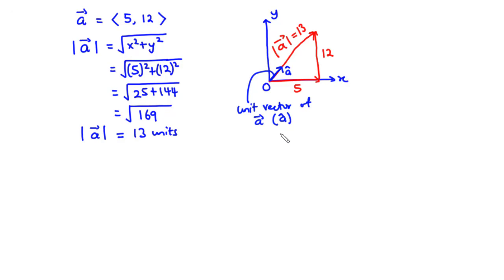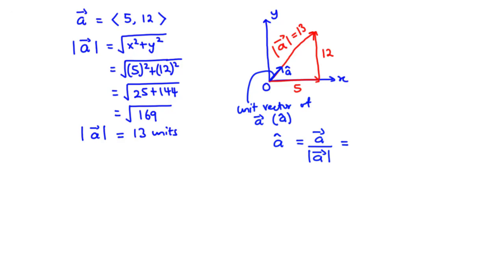So how do we find the unit vector A cap? So the unit vector directed along vector A is equal to vector A divided by the magnitude of vector A. So basically the unit vector of a given vector is equal to the vector divided by its magnitude.